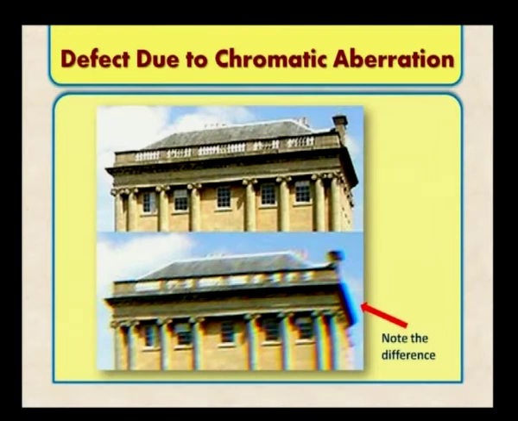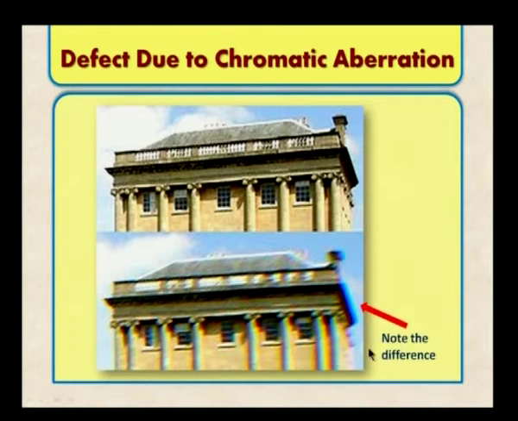These are the things that we will be seeing in today's lecture, and this is the kind of defect I have repeatedly shown, that a building which is looking like this is the original shape, and because of chromatic aberration you have this kind of colored tinge appearing on the right side, and the pillars which are erect obviously will appear to be slightly bent and colored and so on. This is the so-called chromatic aberration.